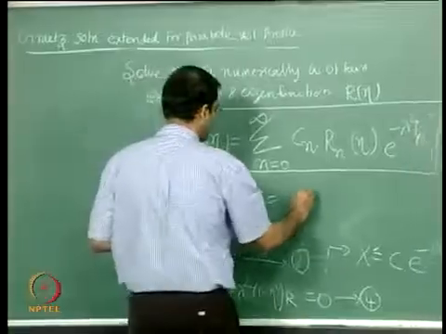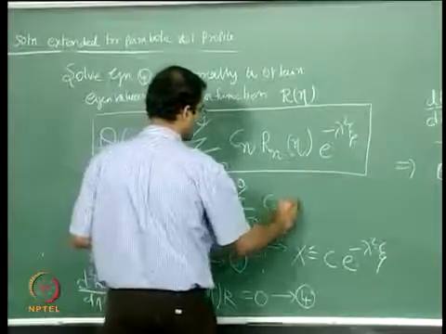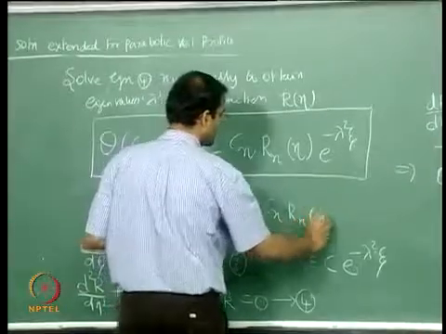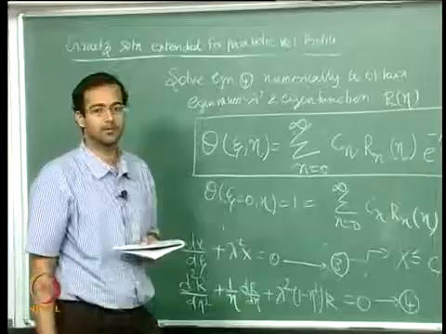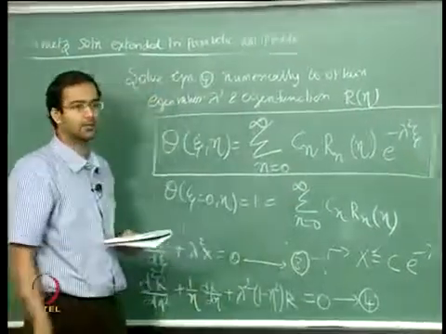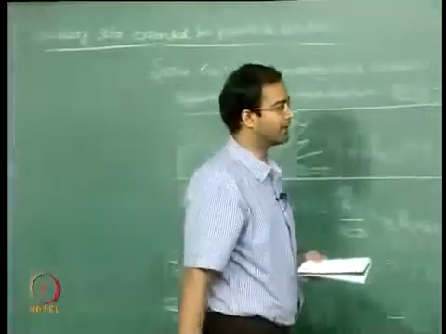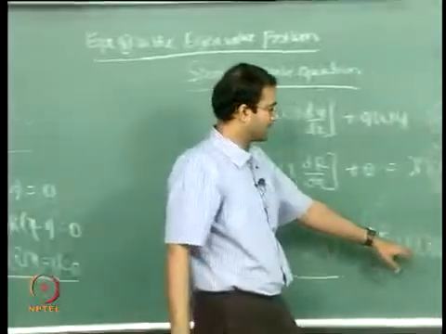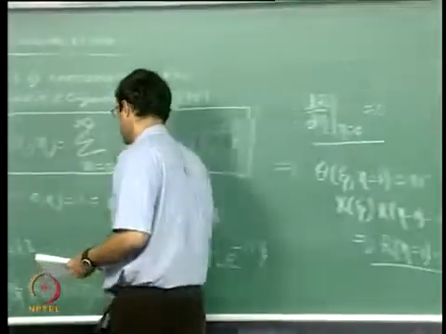That is nothing but summation n equal to 0 to infinity Cn Rn of eta, and for zeta equal to 0 that becomes 1. Now to get Cn out of this I make use of the orthogonality condition, so I multiply both sides by the weighting function times some Rm of eta, and integrate it.